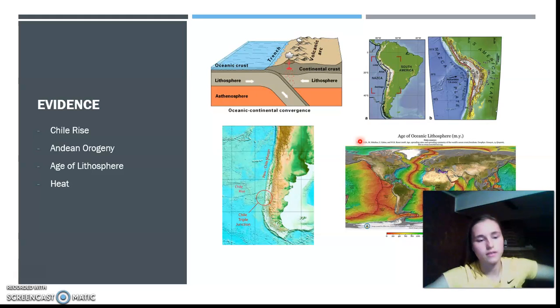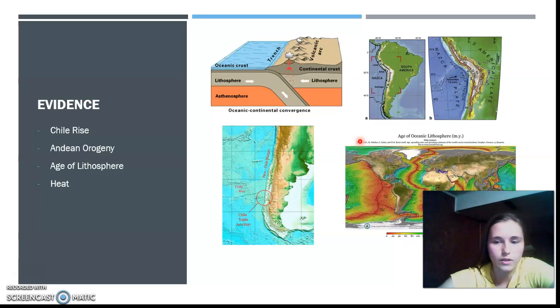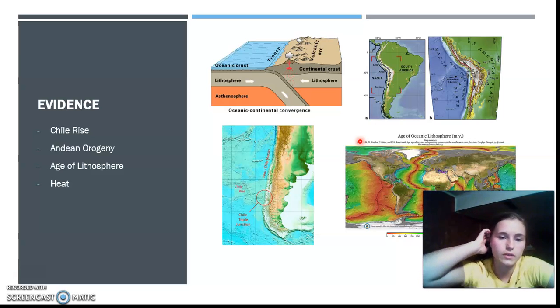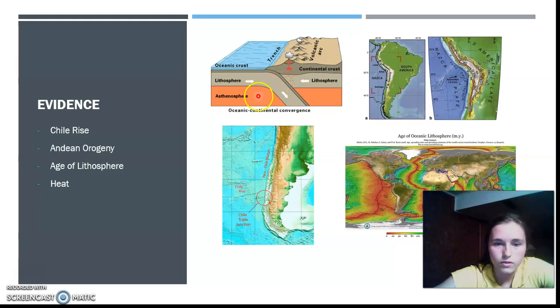Alright, some evidence about the plates, how we know what boundaries are at each plate. So just for starters, this is an example of a subduction boundary. As you can see, this would be the Nazca plate right here because it's the oceanic crust, and it is subducting underneath of this one, which would be the South America.